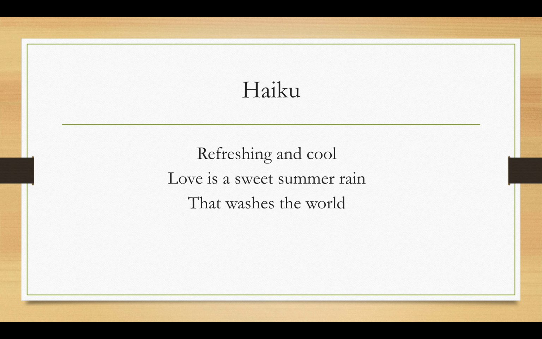Refreshing and cool. If you go refreshing and cool, that's 5 syllables. Love is a sweet summer rain that washes the world. So again, 5, 7, 5 is what you want to work with for haiku.